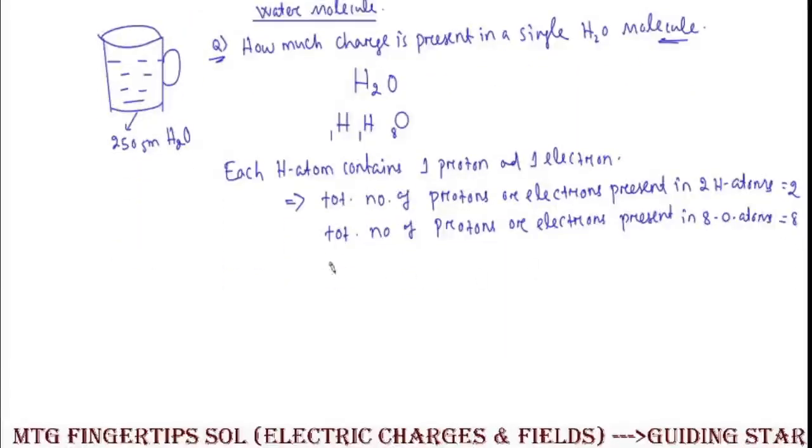So that means, from here what you can say is the total number of protons or electrons present in the 10 individual atoms of water will be how much? 10. So the total number of protons or electrons present in the combined individual atoms will be 10.